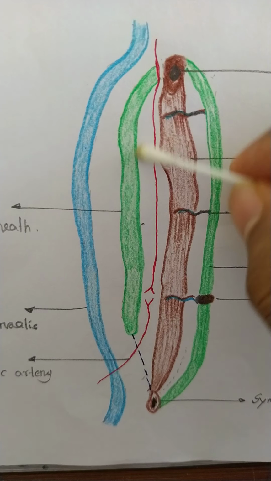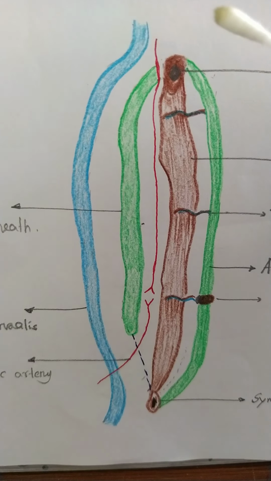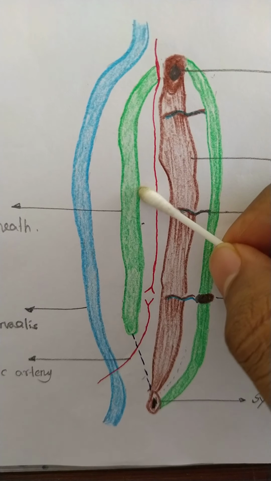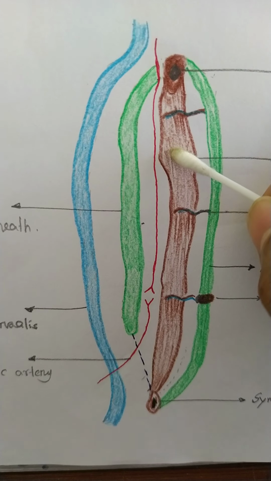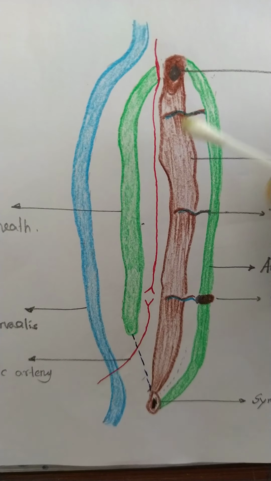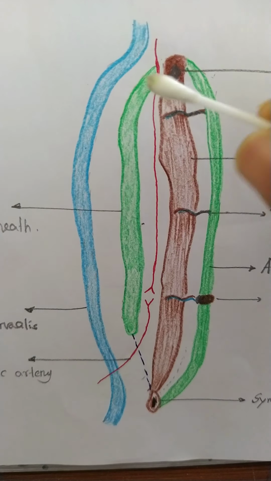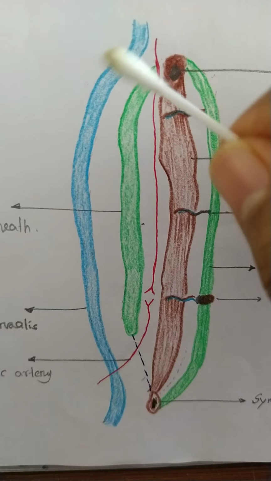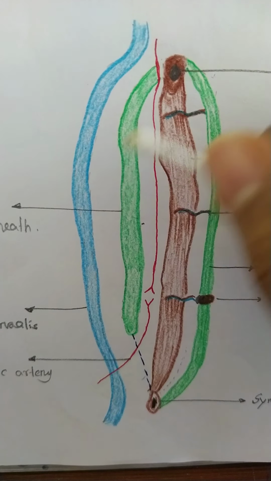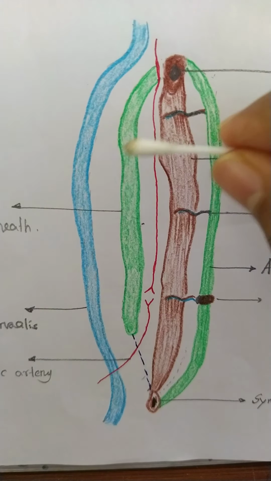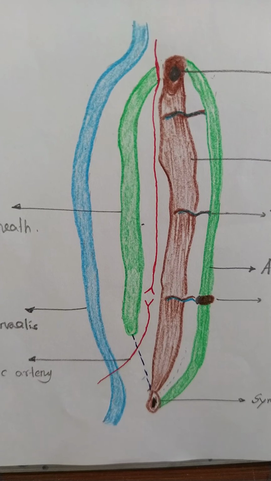Now that is all about the general basics of the anterior abdominal wall. Now we will discuss hernia, or the various defects of the abdominal wall, in the next video.